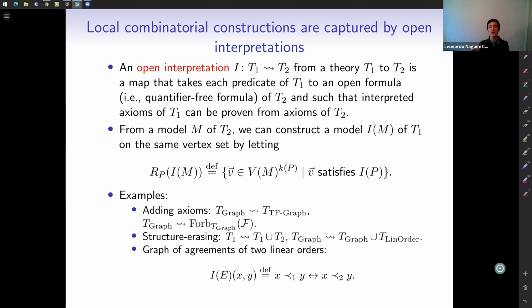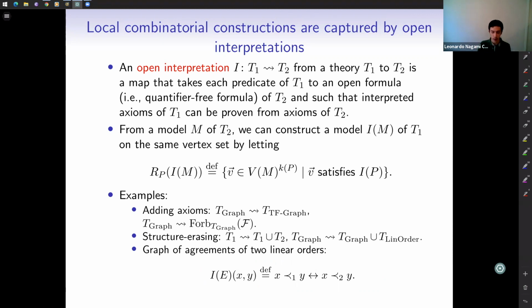Well, what you're actually doing there is you're considering this particular open interpretation. You're declaring the edge relation to be exactly the formula that says these two guys agree, right? So this formula is taken there. And the construction is exactly what I said: it takes these two orders and constructs a graph, putting an edge exactly when they agree. Okay?